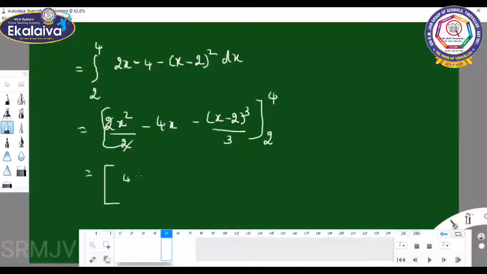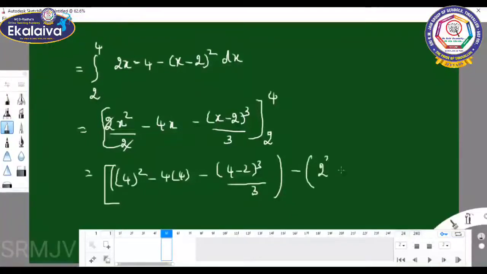What is the upper limit? 4 square minus 4 into 4 minus (4 minus 2) the whole cube by 3. Upper limit minus lower limit, where the lower limit is 2 square minus 4 into 2 minus (2 minus 2) the whole cube by 3.